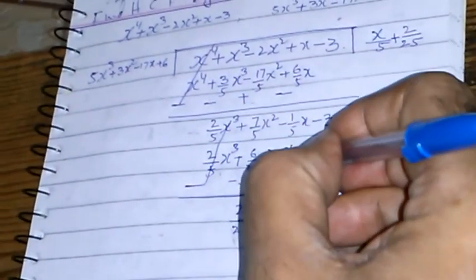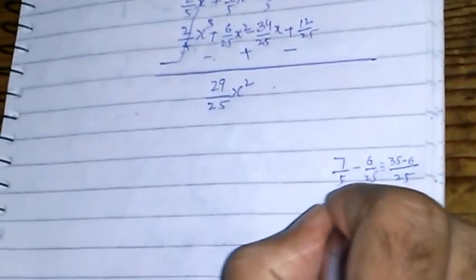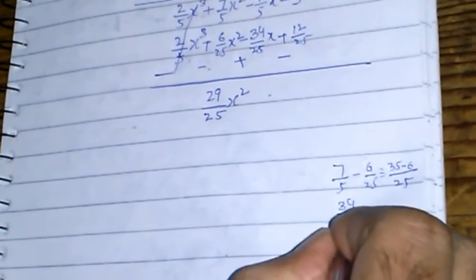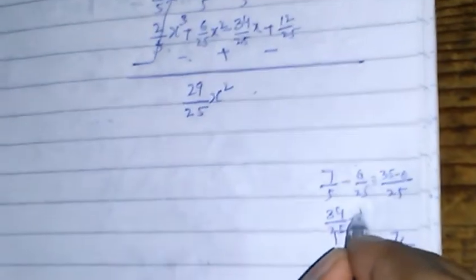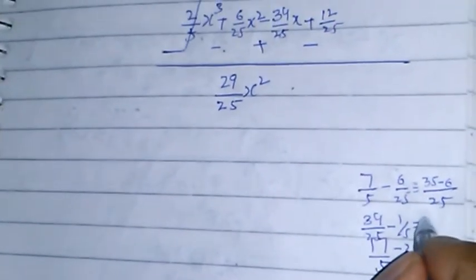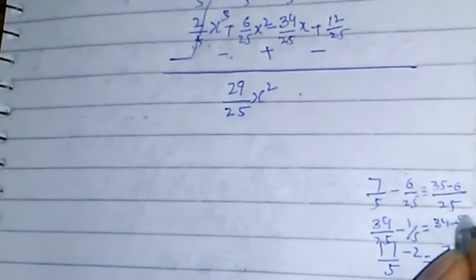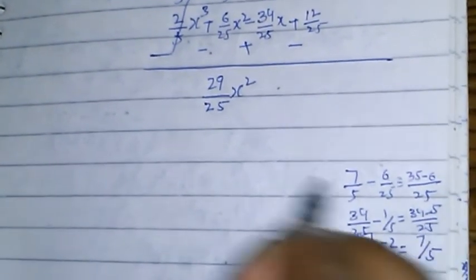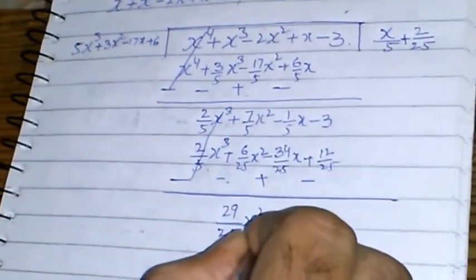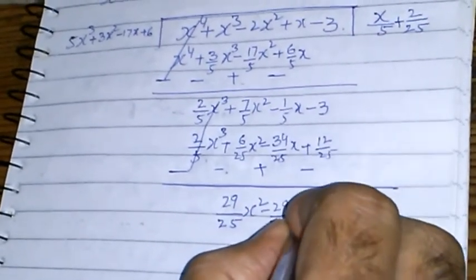Now look at this. This is plus, this is minus. 34 over 25 minus 1 over 5 is equal to 34 minus 5 over 25, 29 over 25 x.